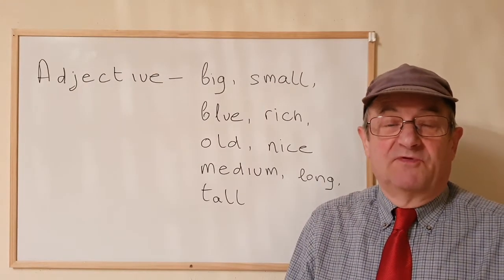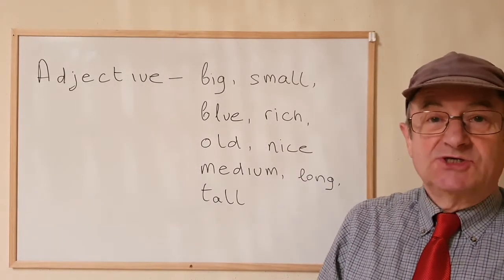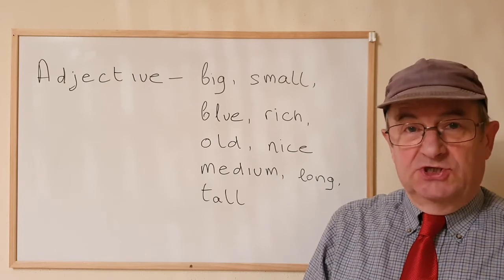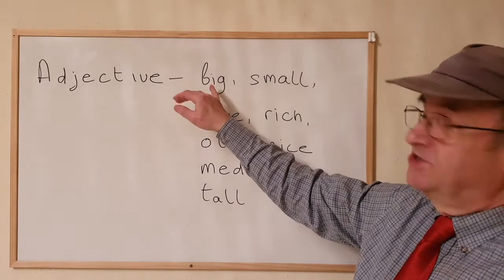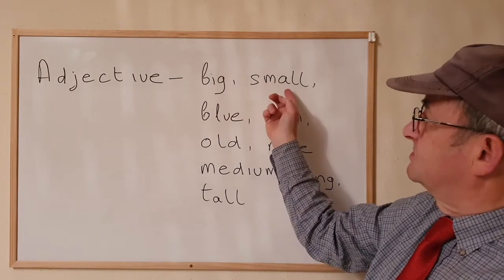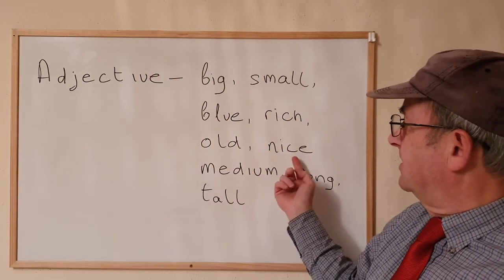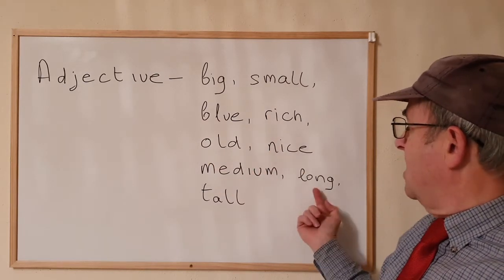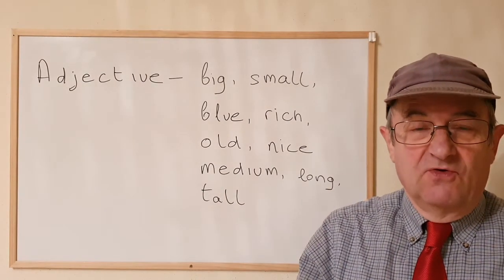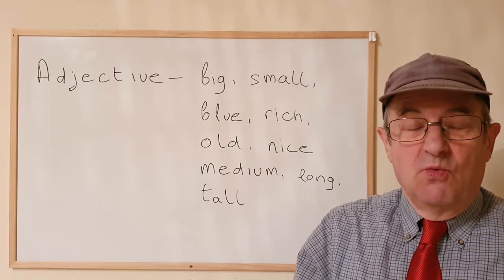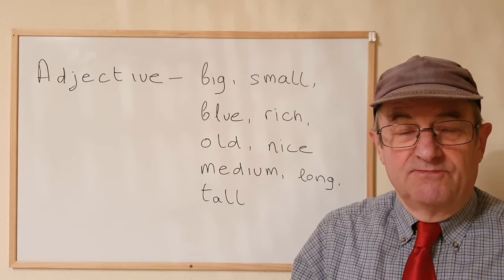The third of the major word classes is the adjective. Adjectives give more information about nouns. So here are some adjective words: big, small, blue, rich, old, nice, medium, long, tall. And you will see that all these words can be used with nouns to tell you more about the noun.